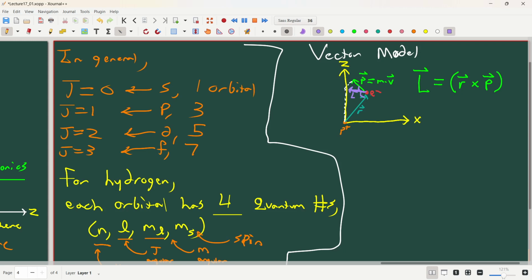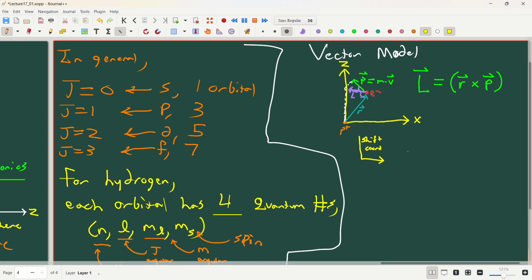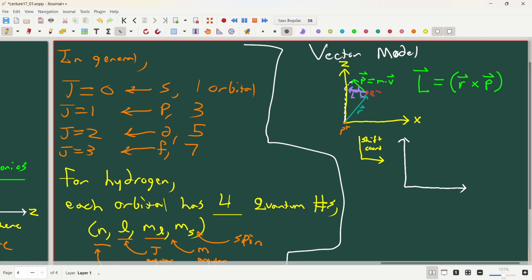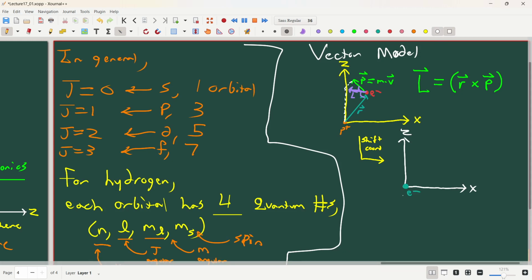Okay, so now we know which way L is pointing. What I'm going to do now is shift my coordinate system again so that L originates from the origin. All right, so I'm going to shift all my vectors so L is now at the origin instead. Now my coordinate system has my electron right here in the center, and it's perpendicular, so that's going to be the y-z plane, sorry.